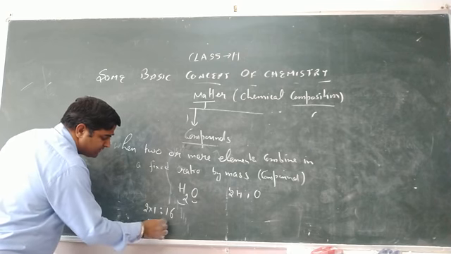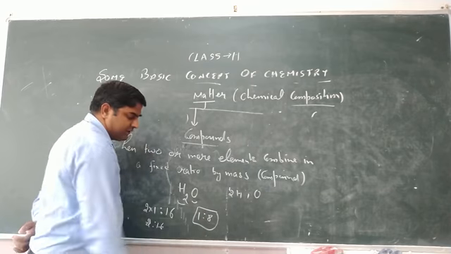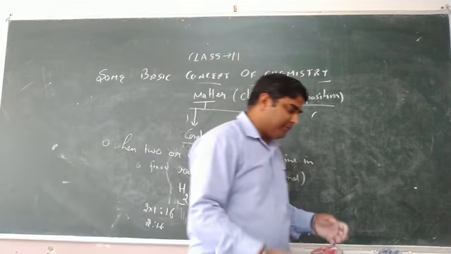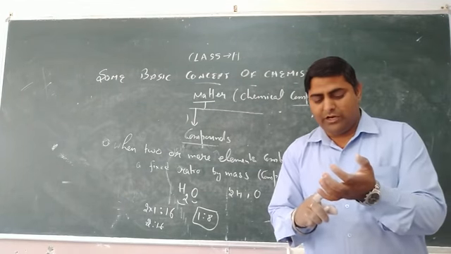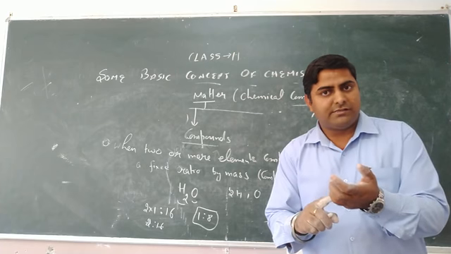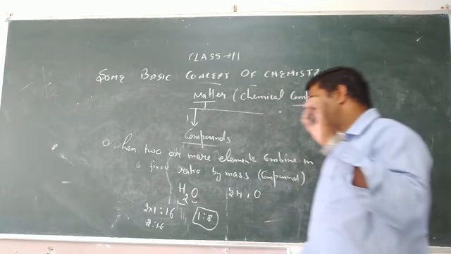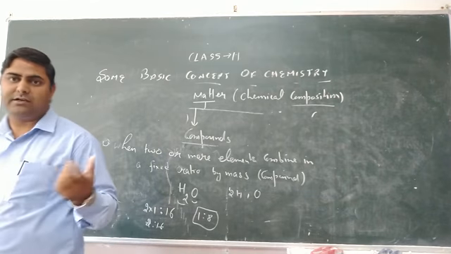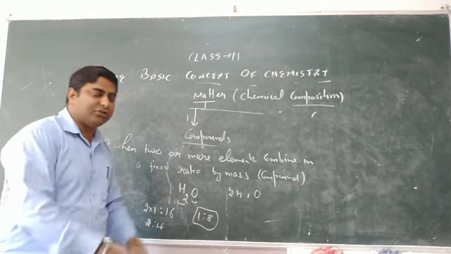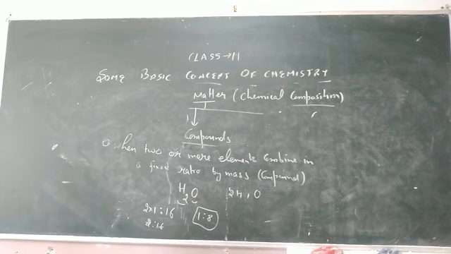So 2 to 16 means 1 to 8. Whether it is seawater, well water, or water from the gutters, always keep in mind water is formed when hydrogen and oxygen combine in a fixed ratio by mass, 1:8.